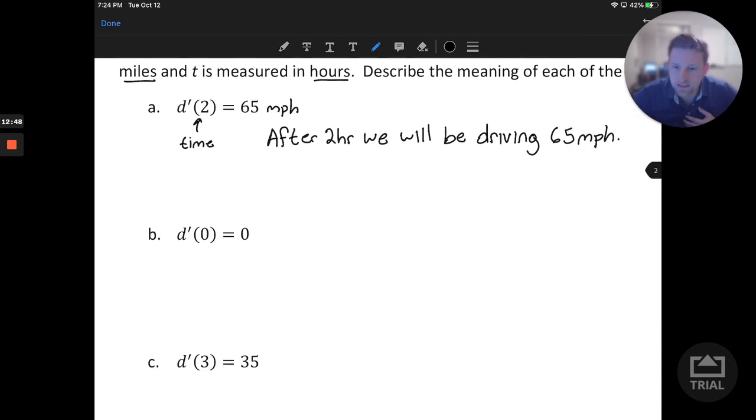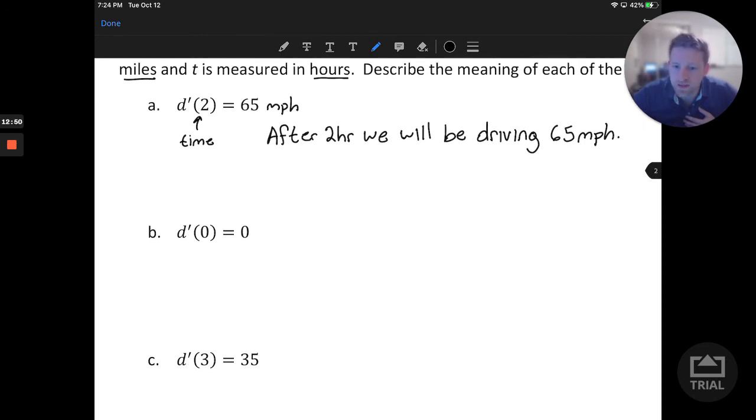Part B tells us what is our speed, in other words, at time 0. Again, that's our time in hours, and then our output would be my speed, miles per hour. If we have not traveled anywhere, we're starting at a stop.